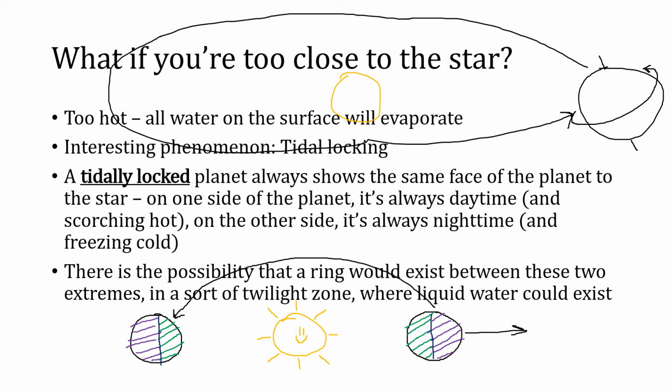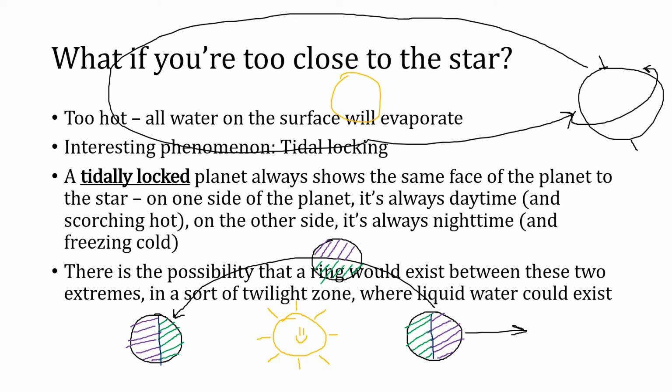So for the purple side of the planet, there's never any sun. I could even draw sort of an intermediate picture to show you what I mean. If I draw an intermediate picture of this planet, the green side is down here, still facing the star, and the purple side is up here, facing away from the star at all times.